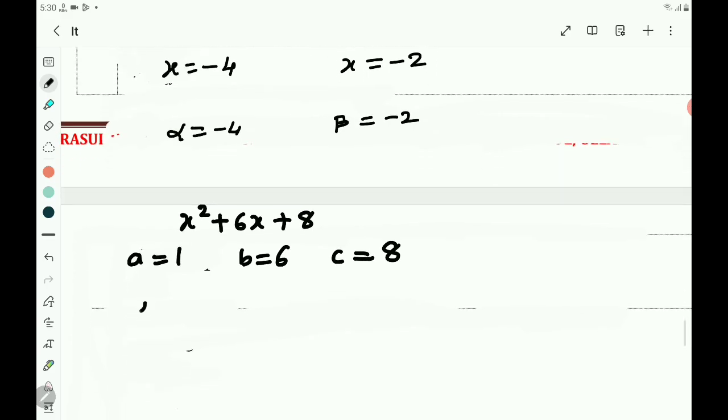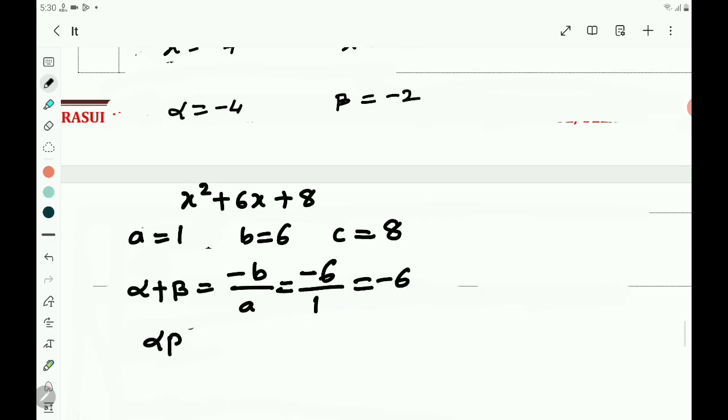Then you know that alpha plus beta is equal to minus B by A, which is minus of 6 by A, where A is 1, which is equal to minus 6. Then you take alpha beta.